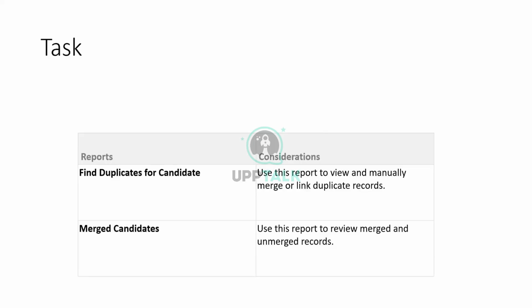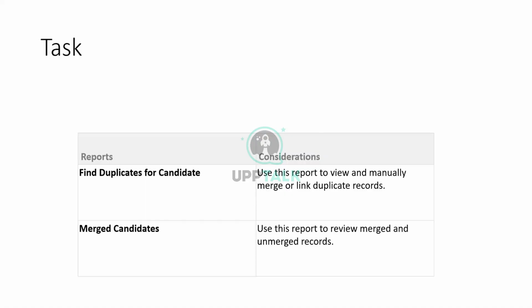Then we can have the task find duplicates for candidates. If there are any duplicates in the system that are not yet merged, using this report we can find them. Then we can merge those candidates as well. Manually also we can do that. But I have always seen clients asking for Workday automatic enablement of candidate merging. We don't do it manually because it is very cumbersome. We don't want to look into the duplicates and then merge them.